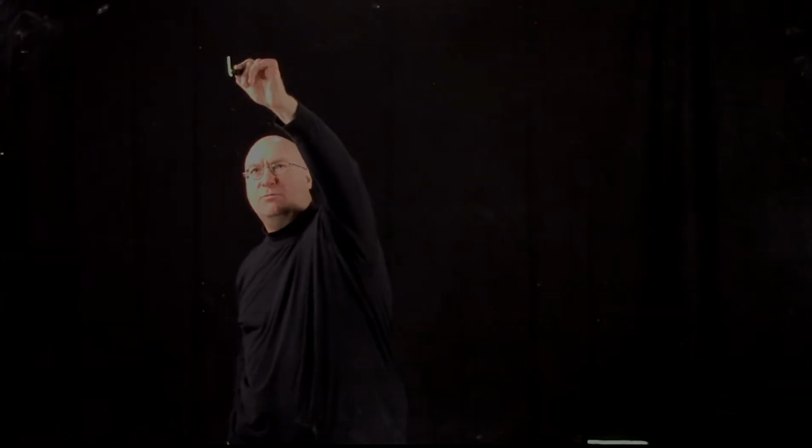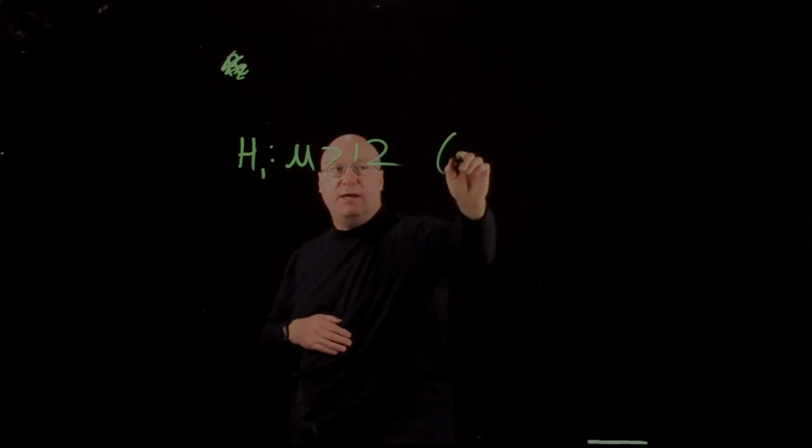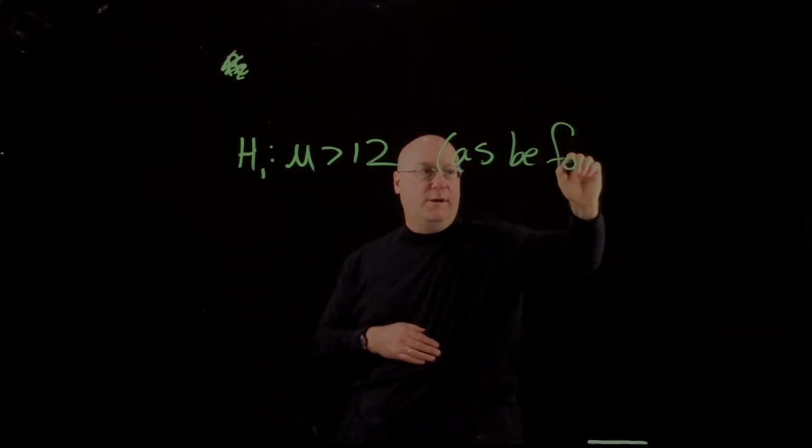In the previous case, we were trying to see if the yield would be increased above 12 pounds. So the hypothesis, which you want to write in that space, is that mu is greater than 12. That's the same as it was before.